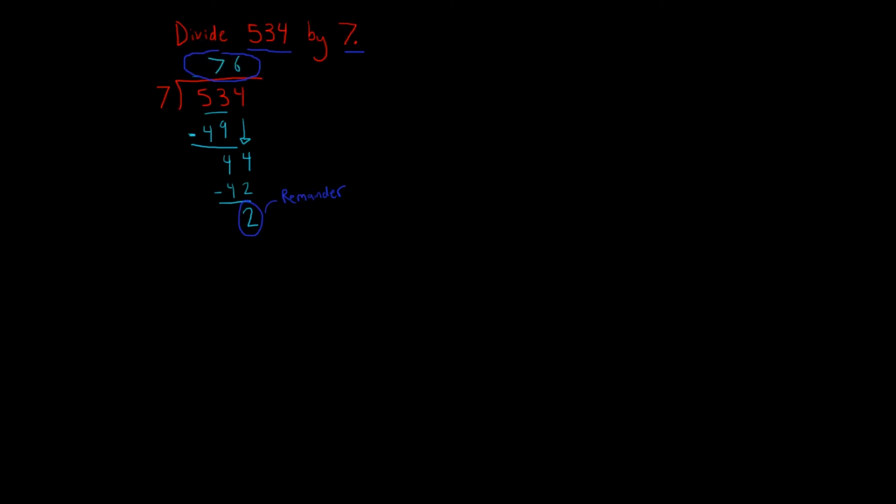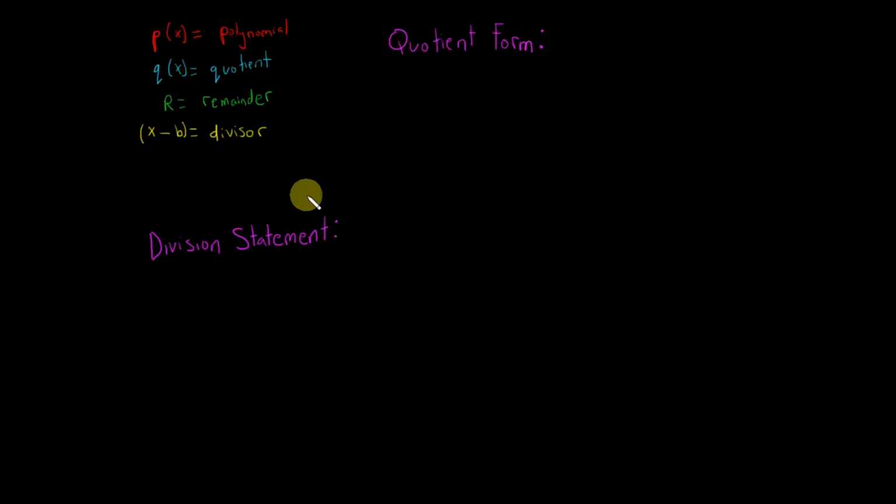So okay, we're done with that now. So now, how can we write these in quotient form and a division statement? So in quotient form, it's going to be written as P of x divided by x minus b will be equal to Q of x plus the remainder divided by the divisor. So that would be in quotient form.